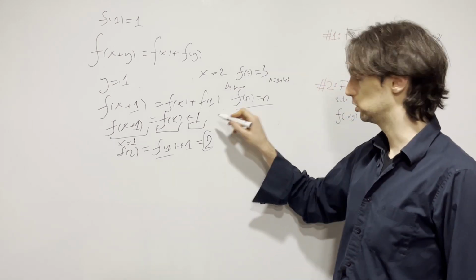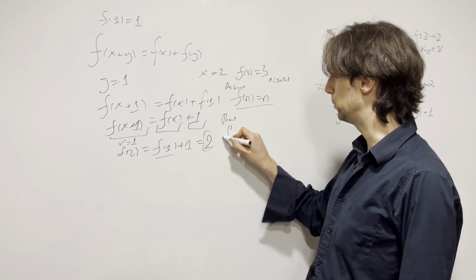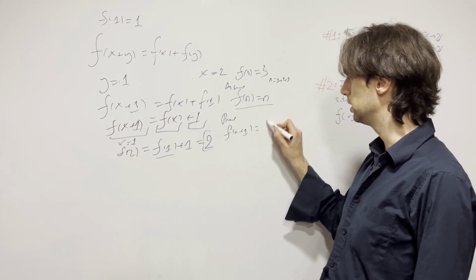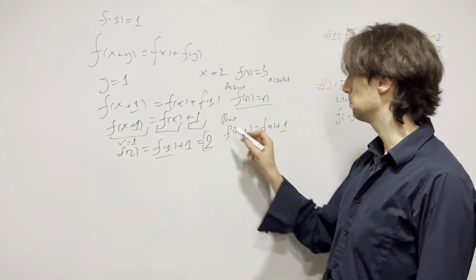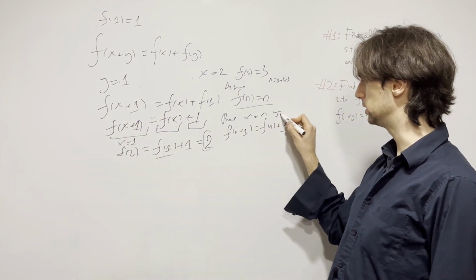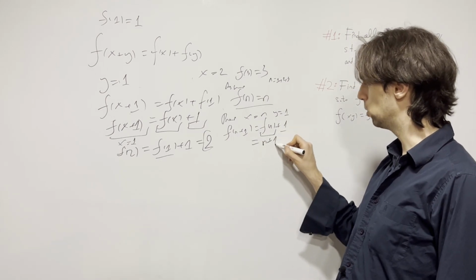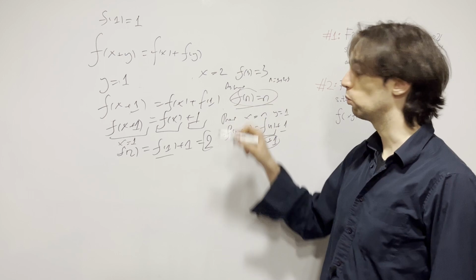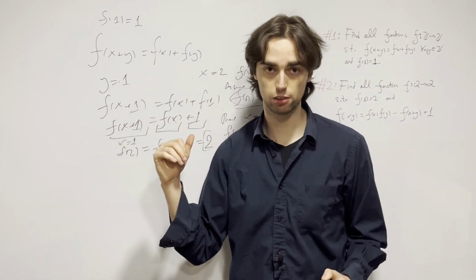Then assume f of n is n, and we'll prove that f of n plus 1 is equal to f of n plus 1 by this relationship, plugging in x equals n, y equal to 1, and we have this equal to n plus 1, which is what we needed to prove. So we have it for all the positive integers.